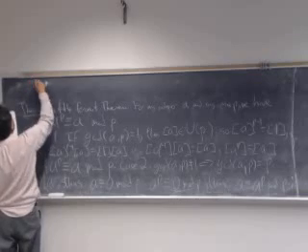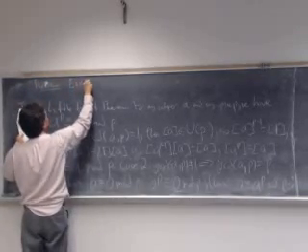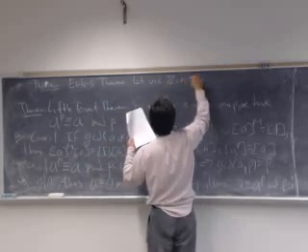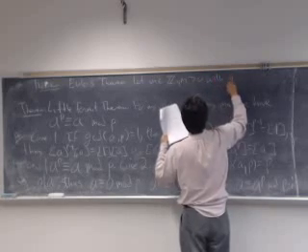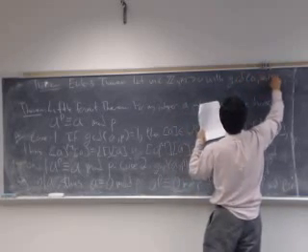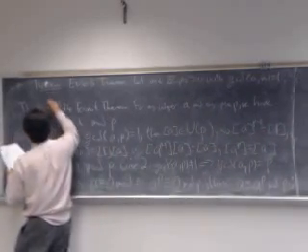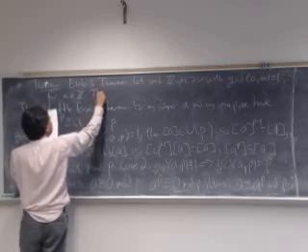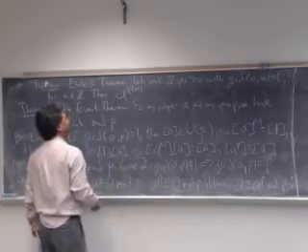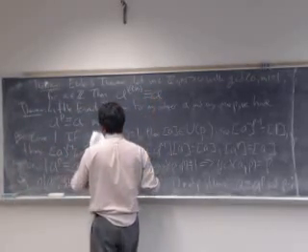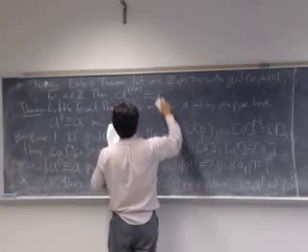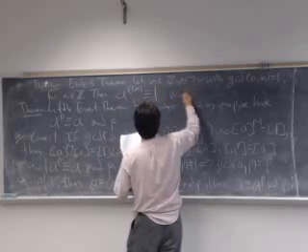So Euler's theorem: again, let M be a positive integer, with GCD of A and M equal to 1, for A in Z. Then if I look at A raised to the phi of M, that's the Euler phi function, that is also congruent to 1 mod M.